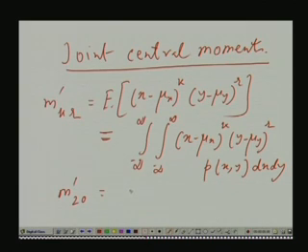So that is the variance sigma x square, and m prime 0 2 is by the same reasoning sigma y square, and m prime 1 1 will be what? Expected value of x minus mu x times y minus mu y, which is nothing but the covariance, right? So that is equal to c.